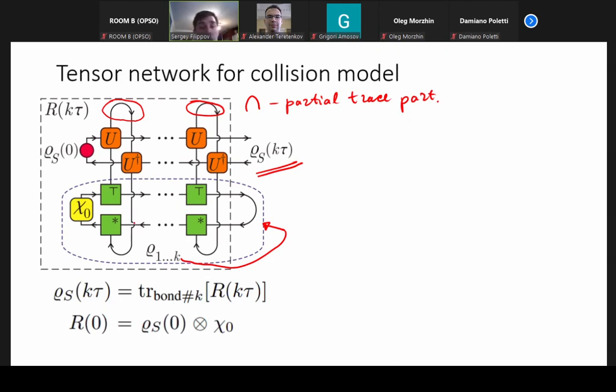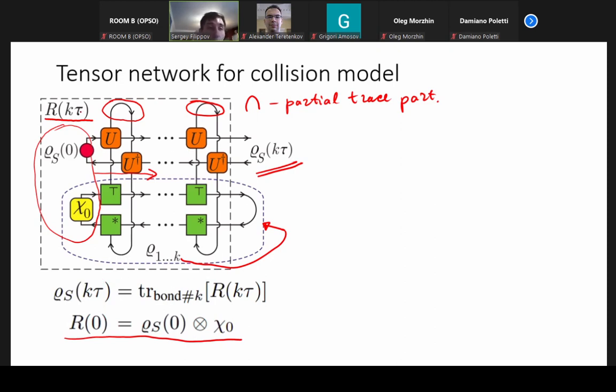And now, if you look at that diagram by 90 degrees, so if we change the angle with which we look at this diagram, you can see that effectively we start from some operator of this form, and then this operator evolves while propagating to the right. That operator is denoted by capital R, K tau, and it satisfies the initial condition that rho R0 equals rho S at the initial time moment, tensor chi0.